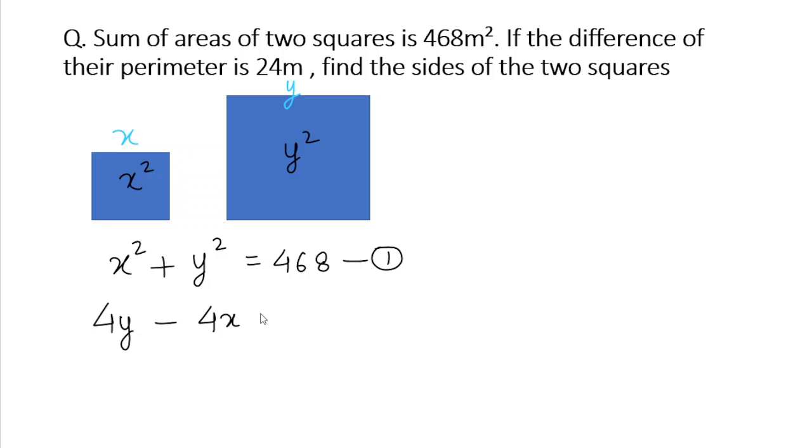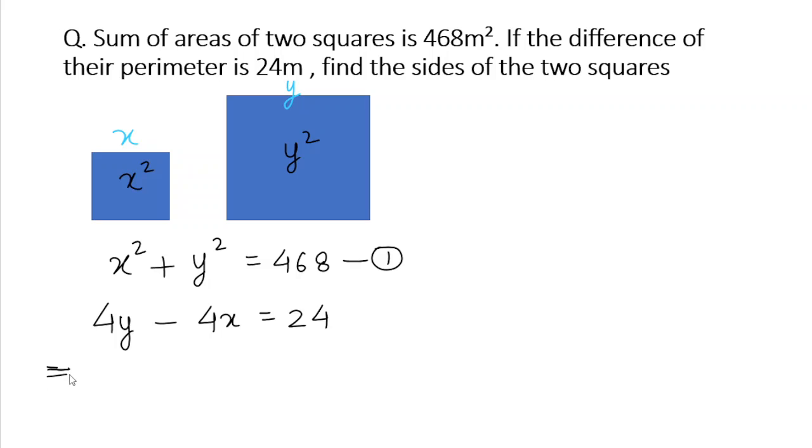Their difference is given in the question as 24 meters. I have written 4y minus 4x because obviously the perimeter of the bigger square will be greater than the perimeter of the smaller square. So we have 4y minus 4x as 24.